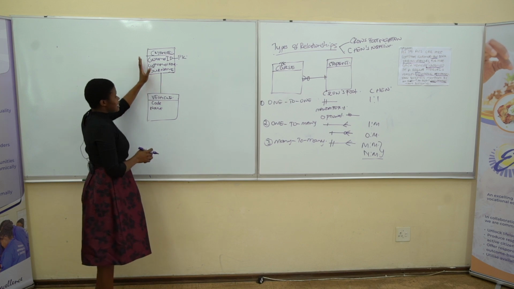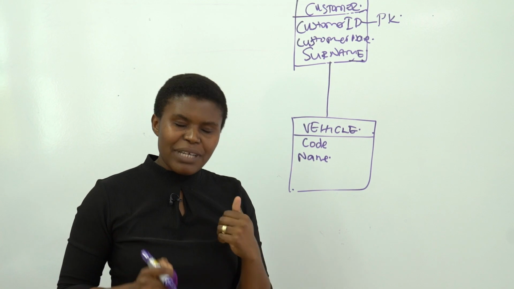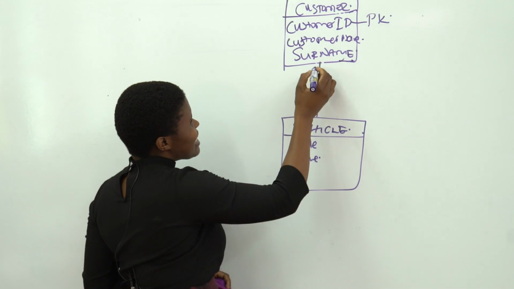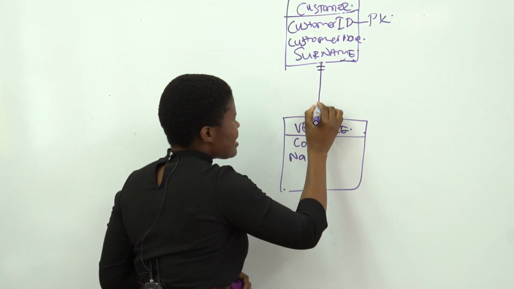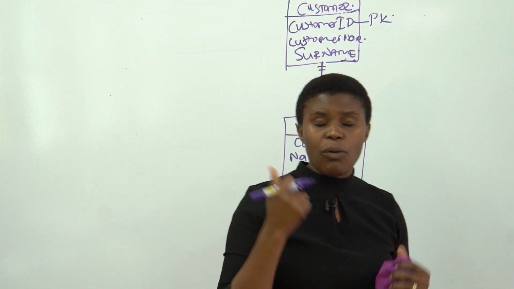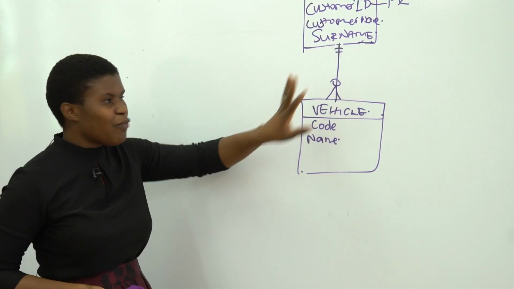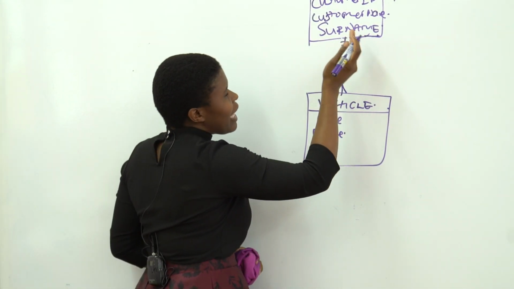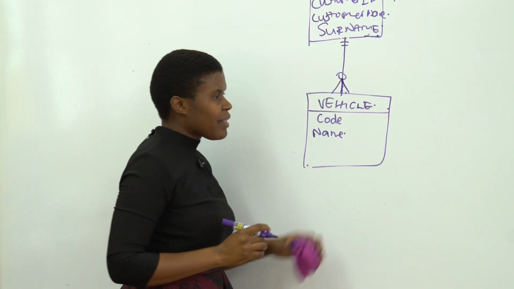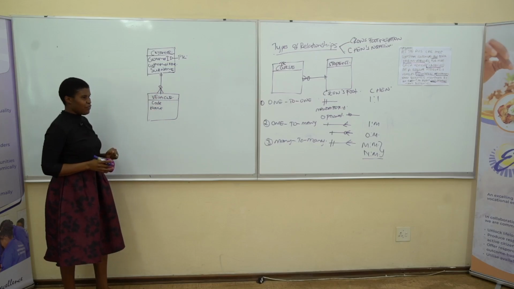Now, we are looking at the relationship between the customer and the vehicle. It's not always mandatory for me to hire your cars. It's either I can or not. So a customer can, it means it's optional for me. Various cars. It's not always that I hire one car. Maybe I have a wedding, for example. I can take many cars for a wedding. That is why it's a customer to vehicle many relationship. Many cars will be represented there. And the optional part is that I can and I cannot. That is why it's optional for me.